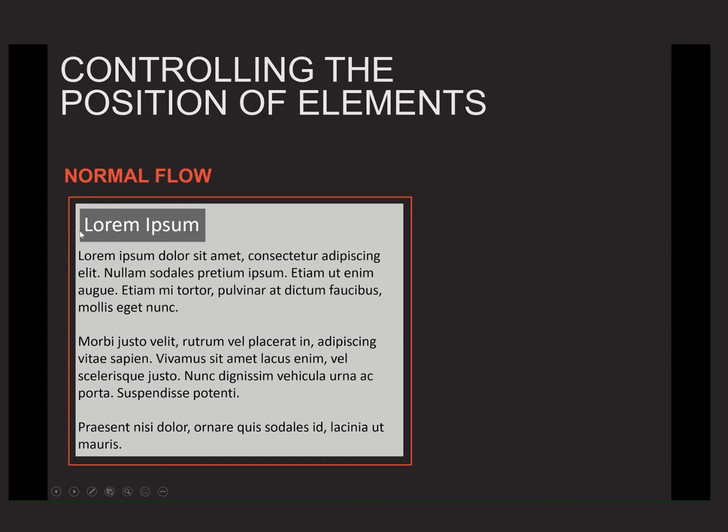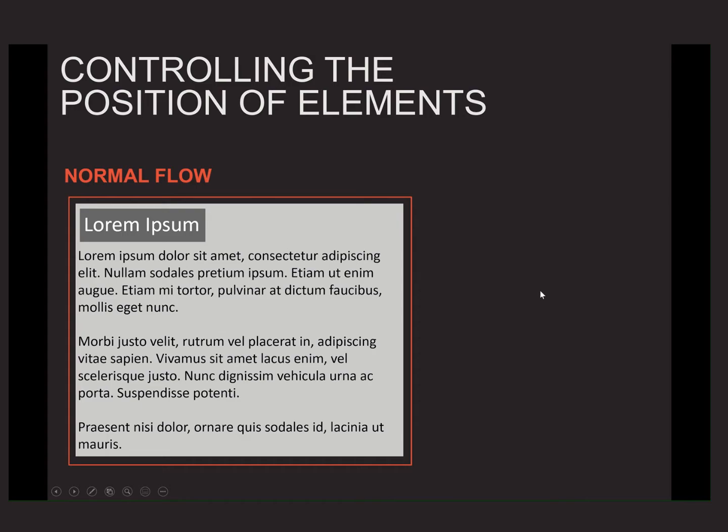If it's inline, of course, they will continue inside the line. If it's block level, they will first finish one, then leave some gap and continue with the next one. So that's called the normal flow. You don't need to do anything, it will do it this way. The gap in between will be the default setting in your browser.